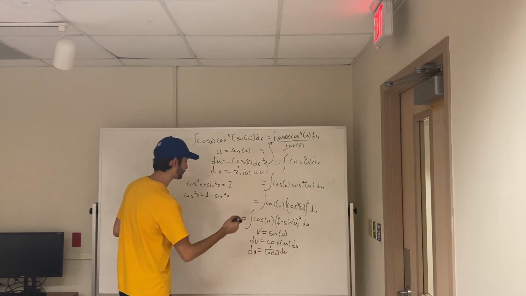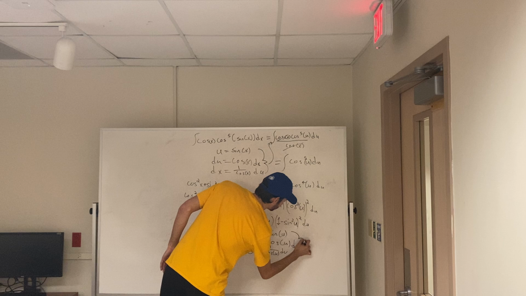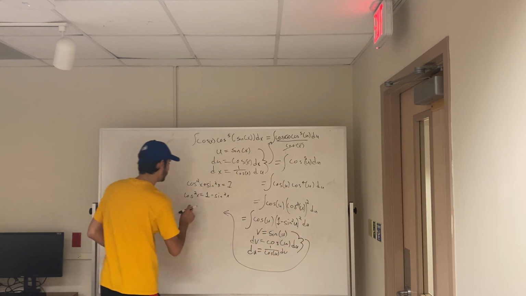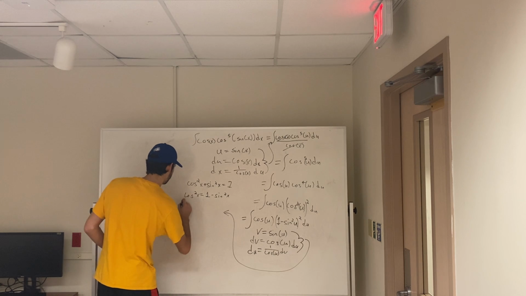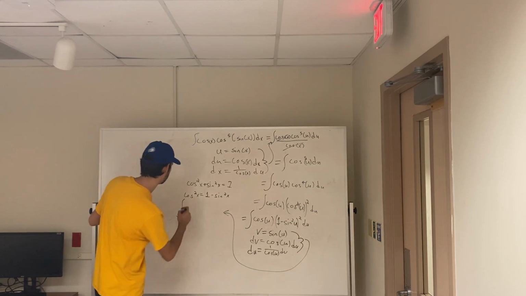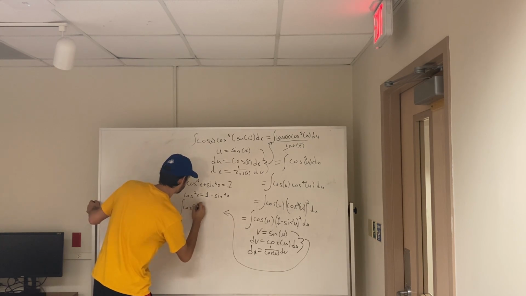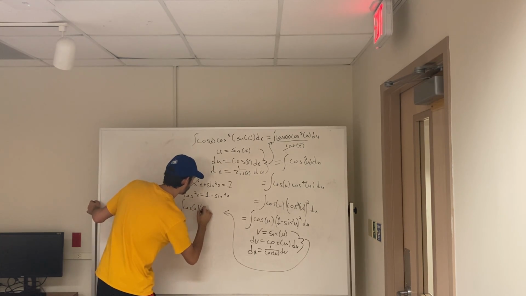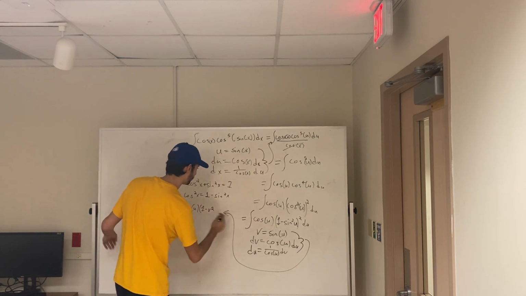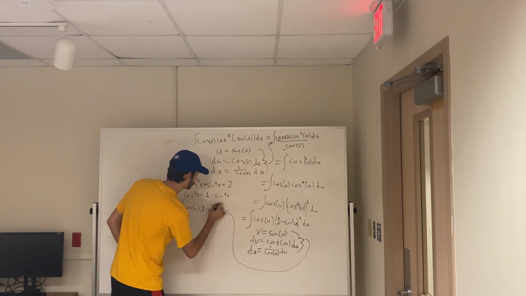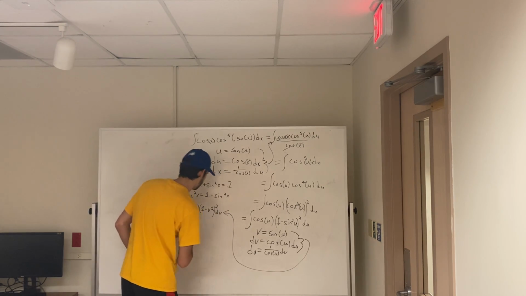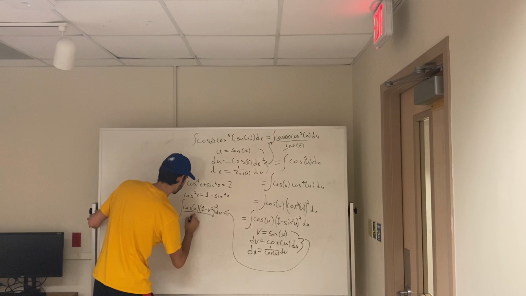Now, if we bring all of this over, we're going to do a little squiggly line right here so that I can work an actual problem. We're going to have the integral of cosine u times (1 minus v squared) dv over cosine u.